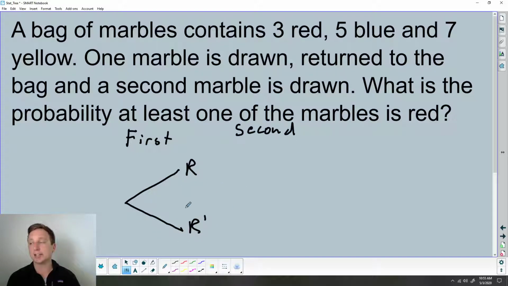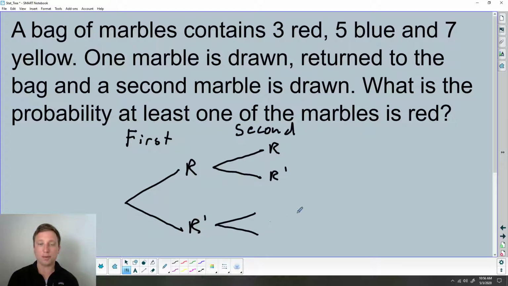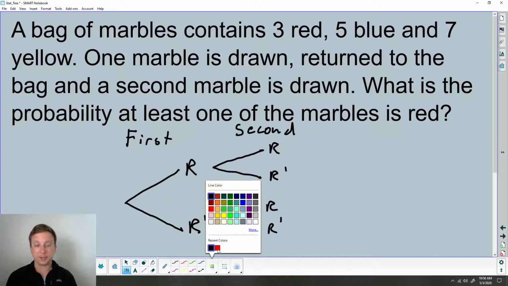Again, I'm making this a little easier than doing red, green, yellow because that's going to get messy. I have 3 outcomes and it's going to build into this giant tree diagram. So second outcome, again, I only care about it being red or not red. And then similar with the not red branch, it's either red or not red when I draw it for the second time.